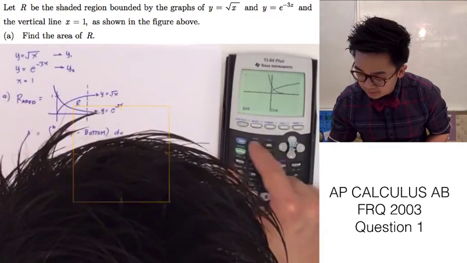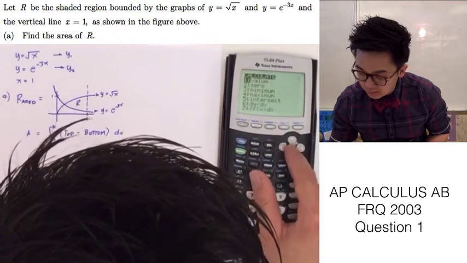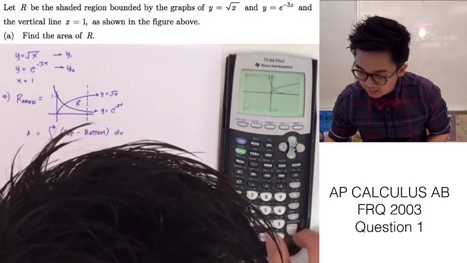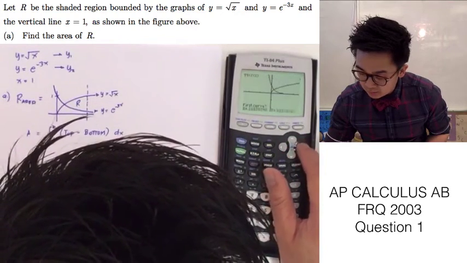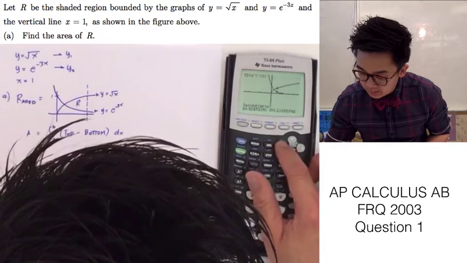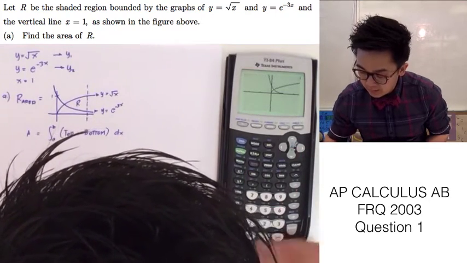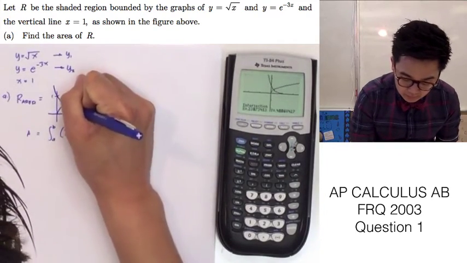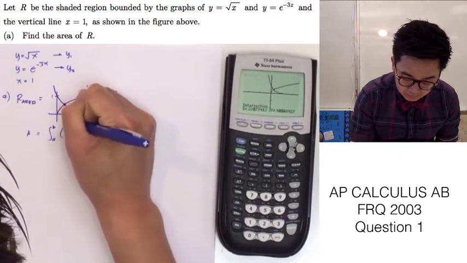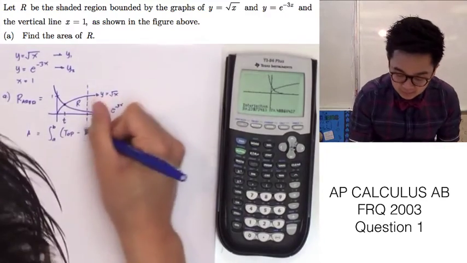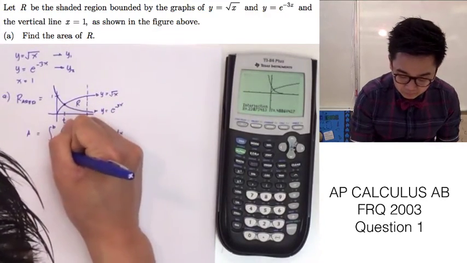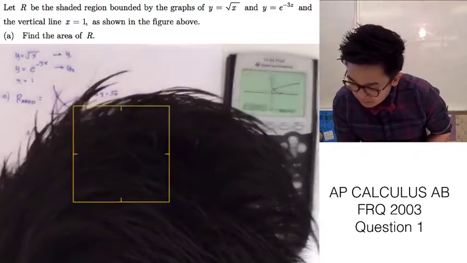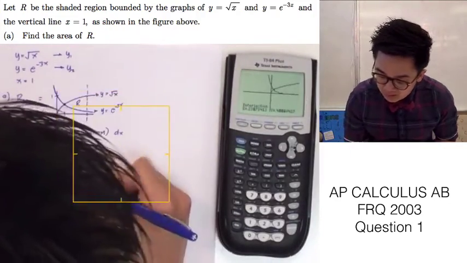So we have the graph, second function, trace, go to intersect. This is your first curve, and this is your second curve. The point of intersection that we have here, let's call it t, and t is equal to 0.2387.